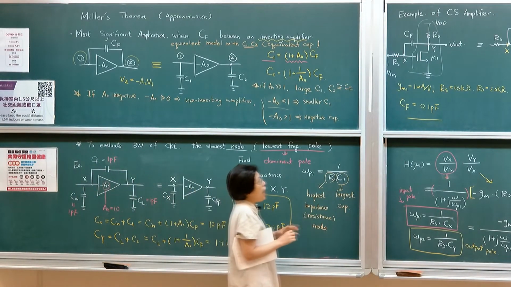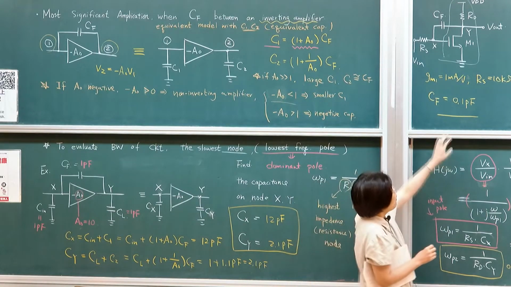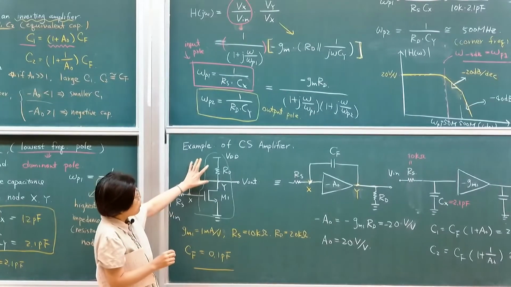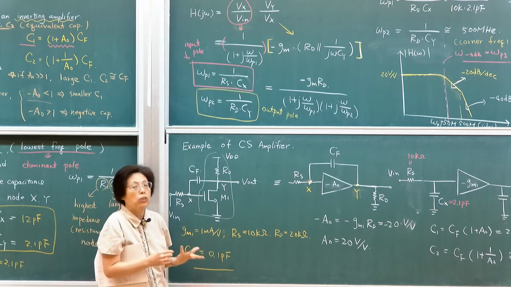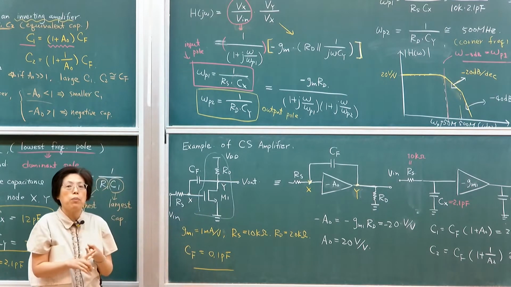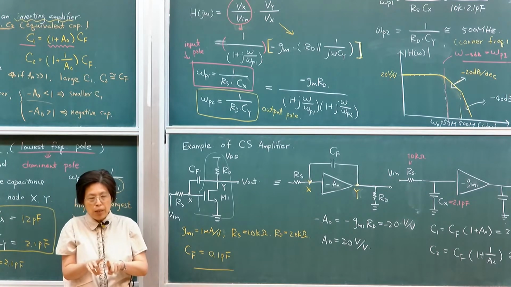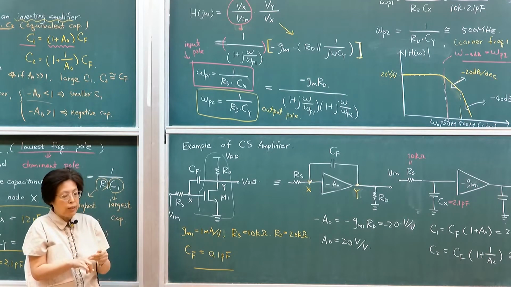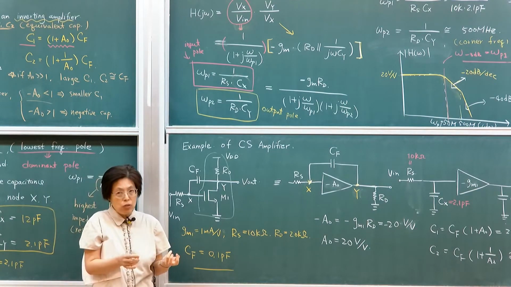Typically, what we do is add it deliberately and use that to set the dominant pole. So if I'm adding this CF, I could actually allow a low frequency pole without having a large capacitance. That's one of the purposes of using the Miller effect to our advantage.